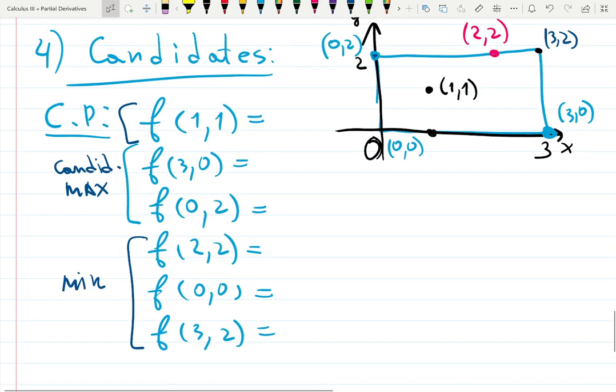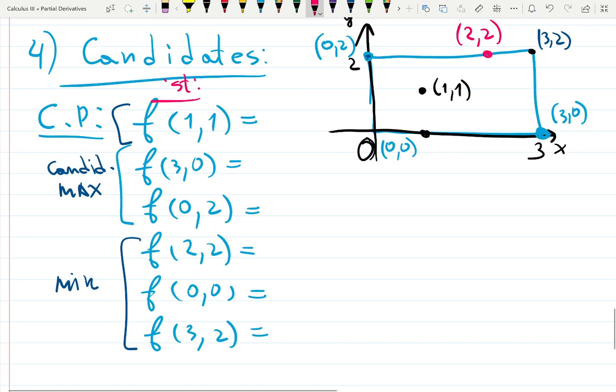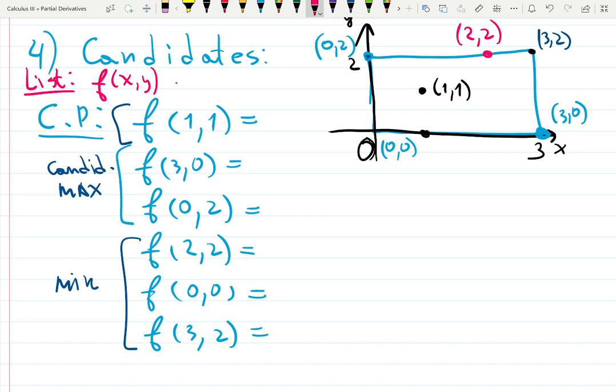So we have these, and just like in Calculus 1, we make a list, plugging all of this into the original 3D function, which I'm going back in my slides to find. Here it is. So making a list, and then you plug into f of x comma y, the very original one, which is x squared minus 2xy plus 2y.